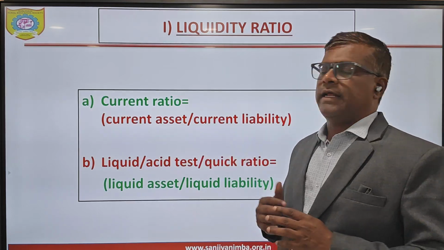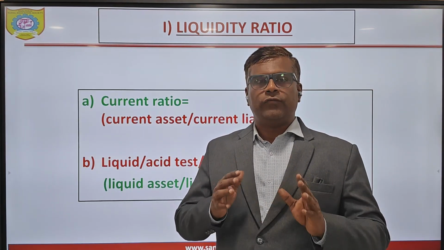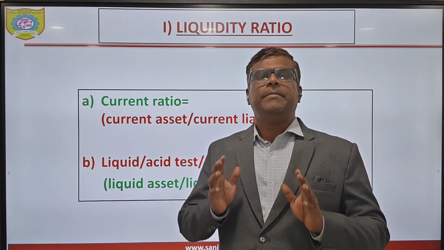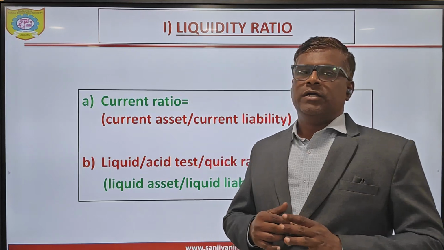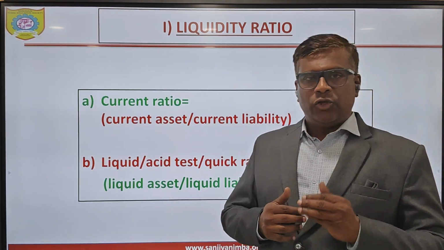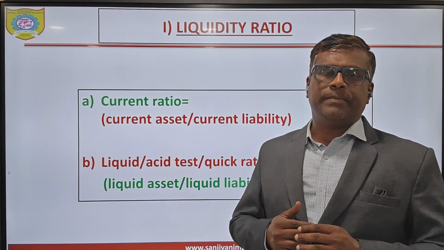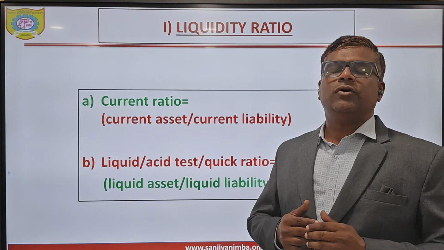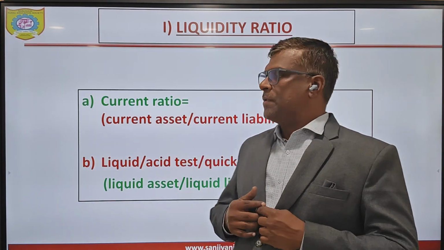Current liability is the liability which is already due for payment or which will become due for payment within one financial year. If you take the ratio of current asset to current liability, you will be able to figure out the liquidity position of your company, that is, the ability of your company to repay its short-term obligations.